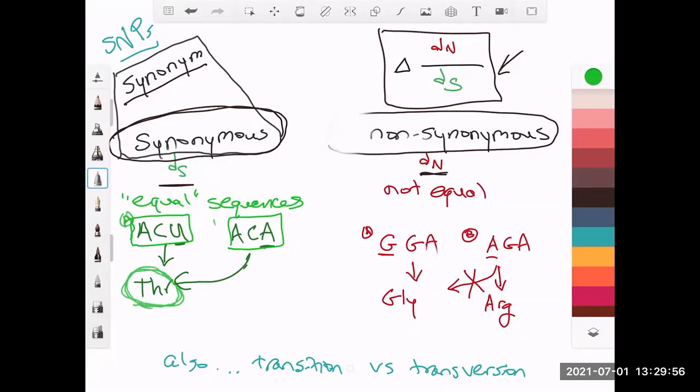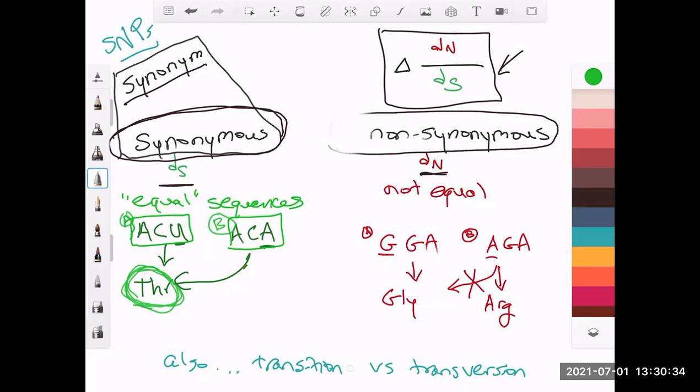In the SNP, we had some mutation that caused this codon to change the last base pair here to ACA. This also codes for threonine, the amino acid, during translation. So these two sequences are quote unquote equal in their meaning. They code for the same amino acid, and they are synonymous. So this is a synonymous mutation. It does not change the amino acid.